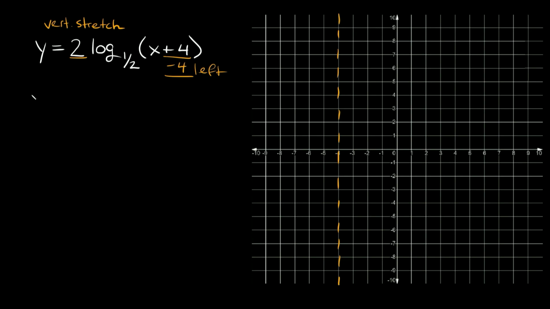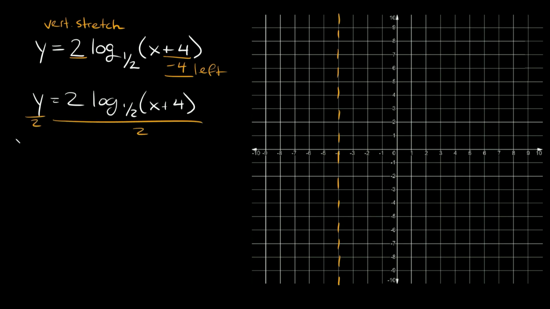Now let's graph this. So let me rewrite it just so we can see a little bit more clearly what's going on here. Now, again, the goal is trying to solve for x, right? So we want to rewrite this in exponential form. So the first thing we can do here is get rid of this 2 by just dividing both sides by 2. So then we get y over 2 is equal to log base 1/2 of x plus 4.